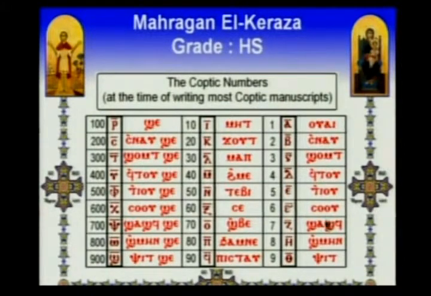On the first column here, we have 1, 2, 3, up until 9, and this is the alphabet going alpha, beta, gamma, delta, e, su, zeta, eta, theta.